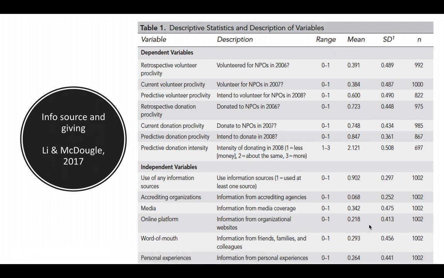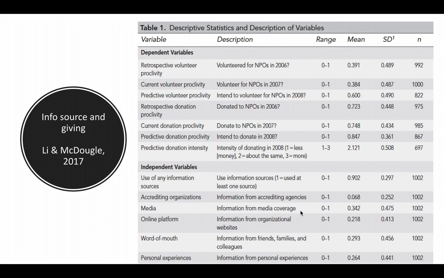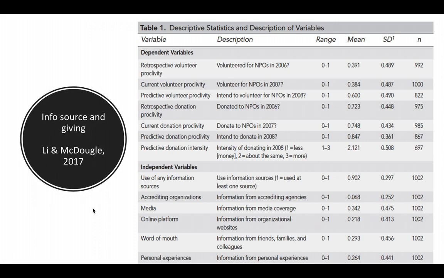The thing I want to explain a bit is about the independent variables, right? Because now we are talking about multivariable regression. The first is whether or not you get information from accrediting agencies, and whether or not you get information from media, like newspaper, magazine, television, things like that.